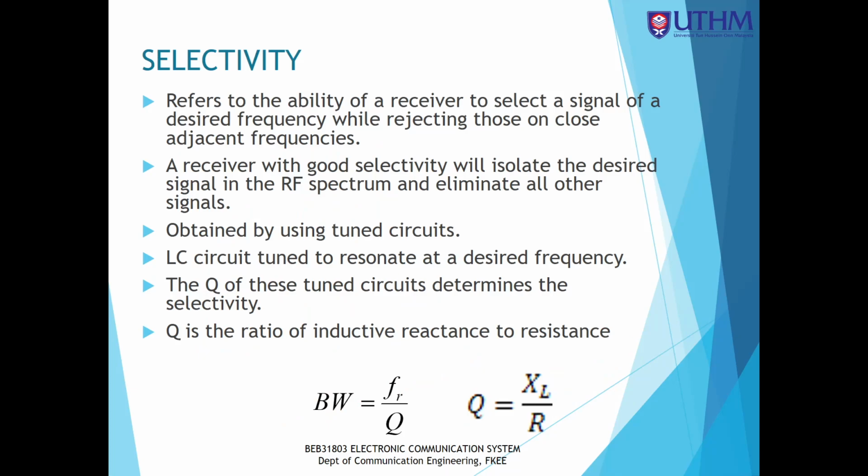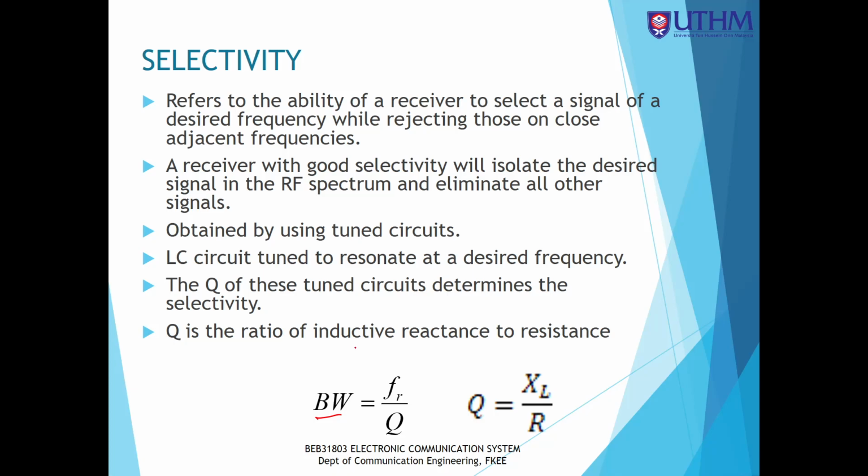And then there's another parameter, what we call the bandwidth of the tuned circuit, which is equal to the resonant frequency divided by the quality factor. What is this actually? This is referring to the bandwidth of the tuned circuit.